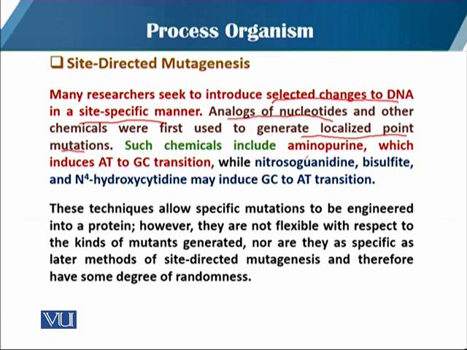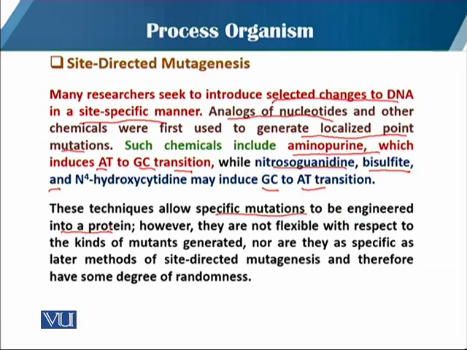Such chemicals include aminopurine, which induces AT to GC transitions, while nitrosoguanidine, bisulfite and N4-hydroxycytosine may induce GC to AT transitions. These techniques allow specific mutations to be engineered into a protein.